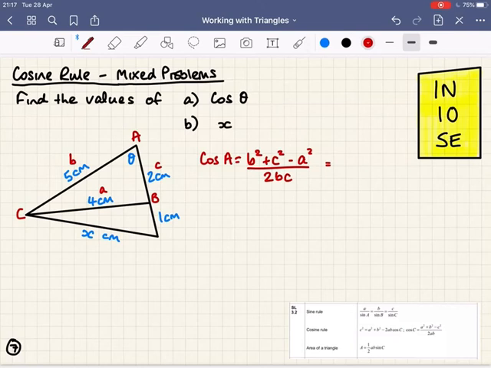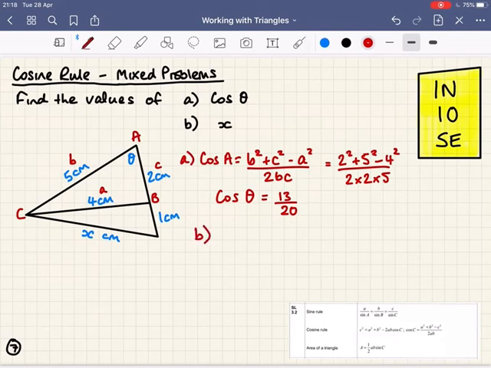That's equal to 2 squared plus 5 squared minus 4 squared all over 2 lots of 2 times 5, which works out nicely. So cos A, or cos theta, which is what we're asked for, is equal to 13 over 20. Now, we don't need to work out the size of the angle because the question just asks us for the value of cos theta. So that was our part A.